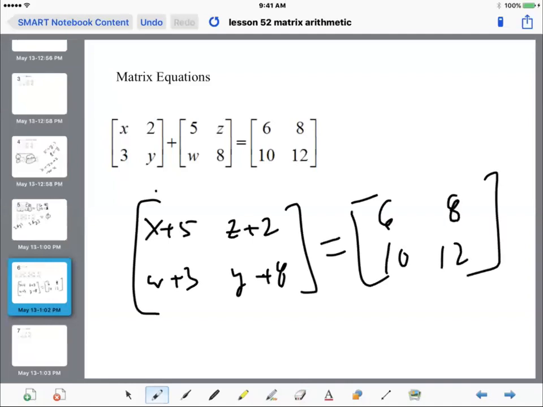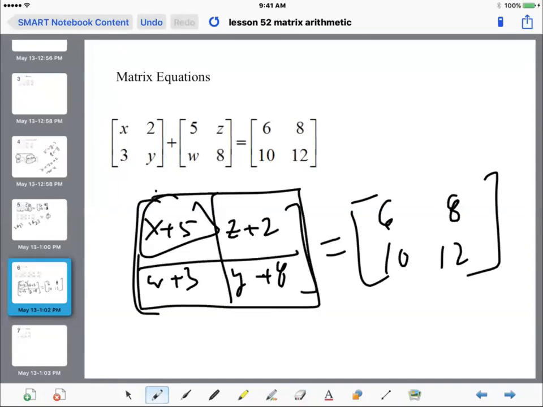These things are both 2 by 2 matrices. Even though this element has an X and a plus and a 5, that's still almost like a spreadsheet. That's the thing that's in that cell.